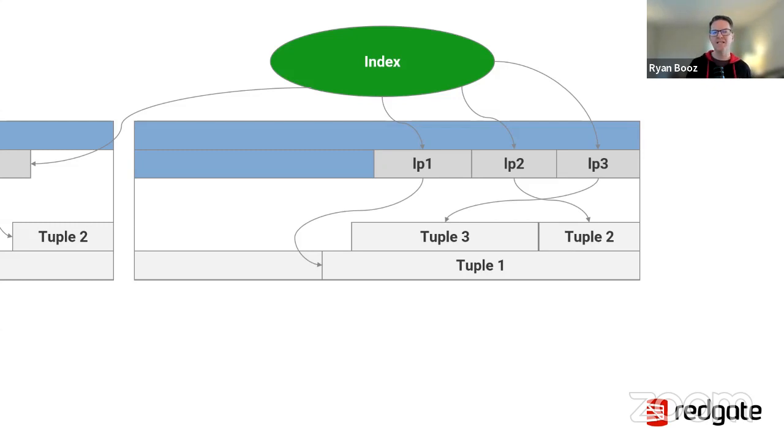Let's say I have an index on an integer value, and tuple one has an ID of 1. If I update something on that tuple, the ID hasn't changed. It's still the same ID, and so the index still points to the same line pointer. I don't have to create a new line pointer or item pointer there.